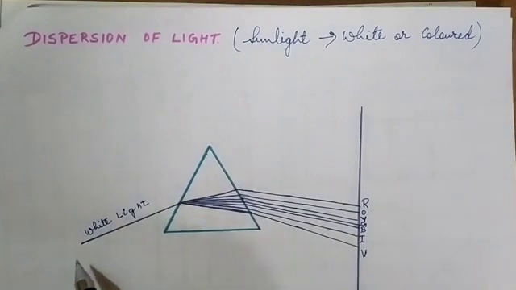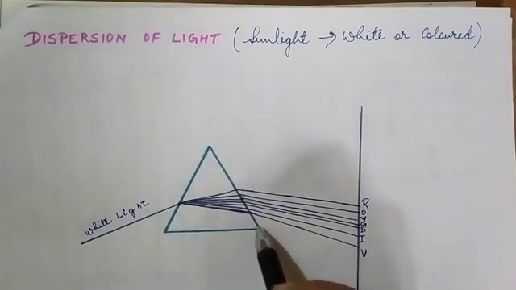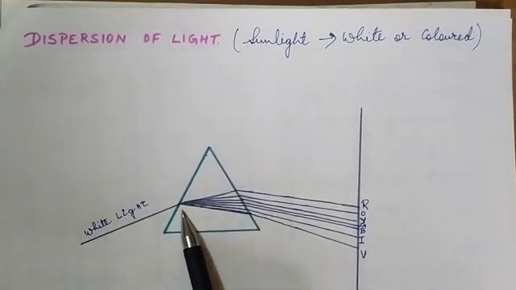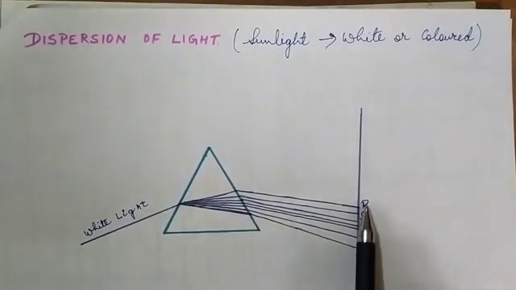If light is allowed to pass through a glass prism at a certain angle, this white light splits up into 7 different component colors.